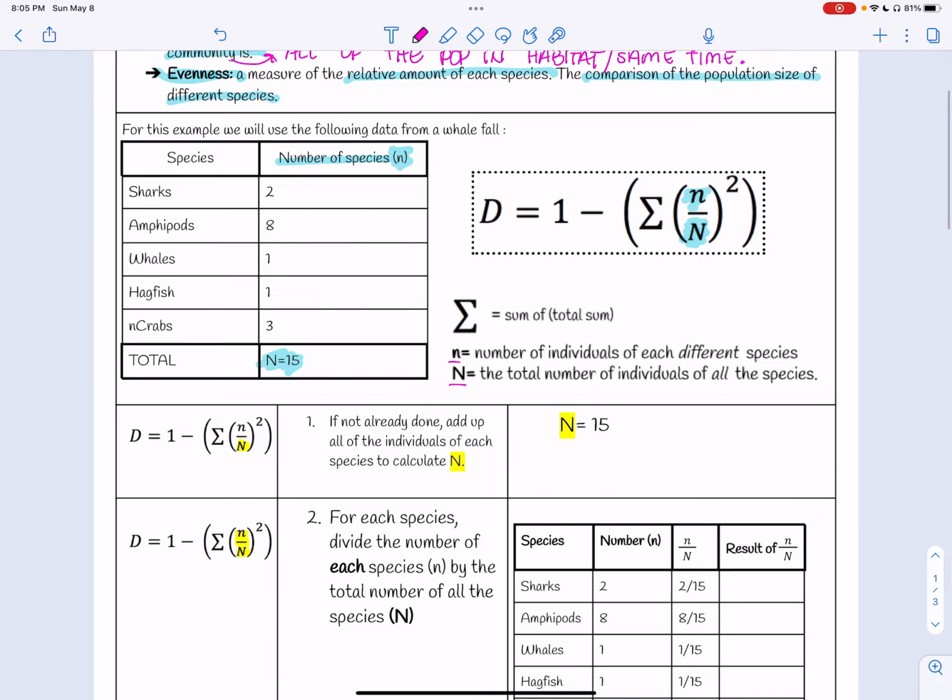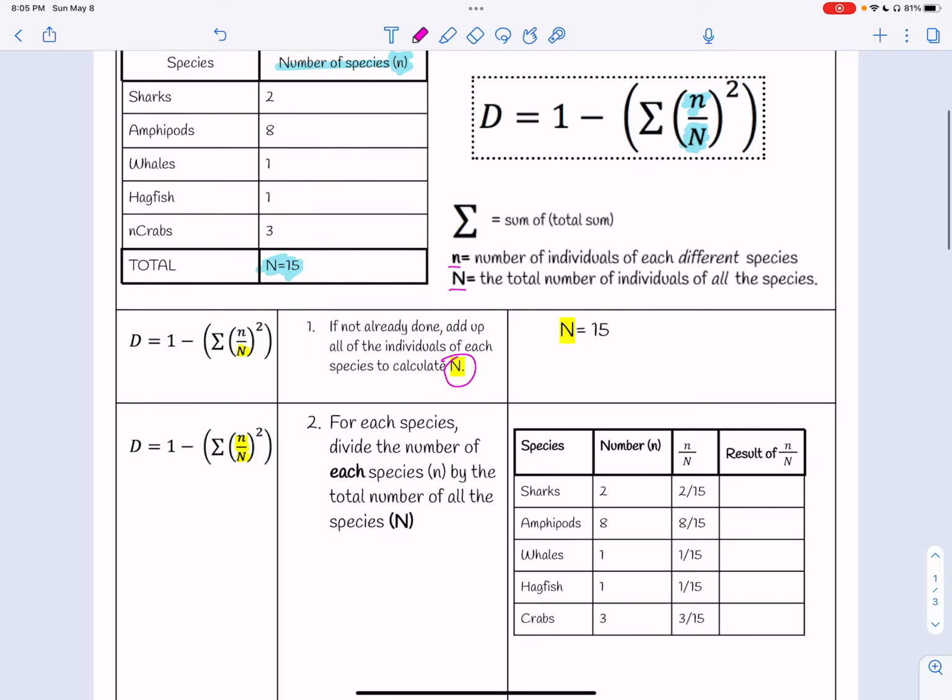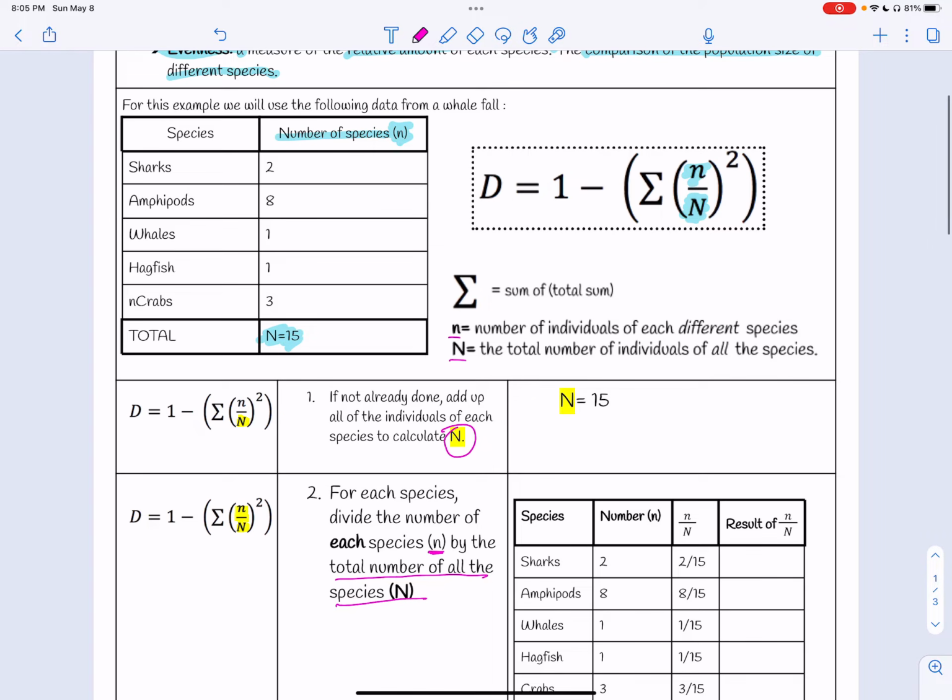First step, if not already done, add up all the individuals to calculate big N. So big N is 15. Step 2, for each species, divide the number of each species, which is little n, the amount in each population, by the total number of all of the species. So for sharks, you're going to do 2 divided by 15. For amphipods, 8 divided by 15. Whales, 1/15. Hagfish, 1/15.